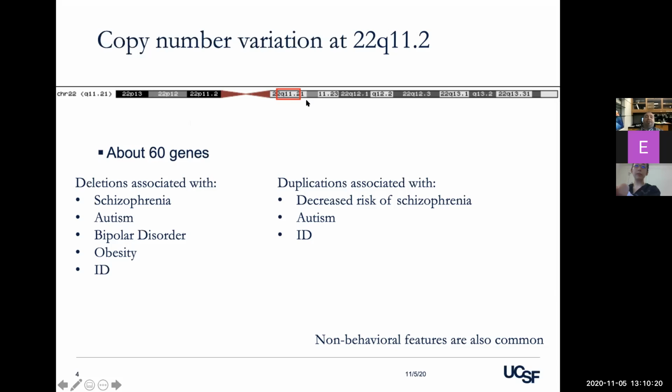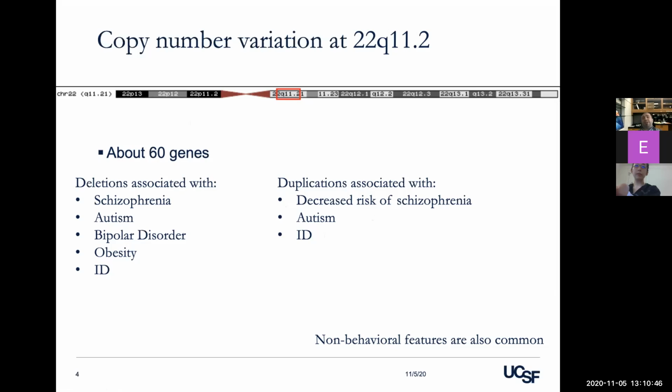And so deletions in this large region, so people who are missing 60 genes, tend to have schizophrenia, autism, bipolar disorder, obesity, intellectual disability. Duplications also tend to have autism and intellectual disability, but people with duplications actually seem to have decreased risk of schizophrenia.